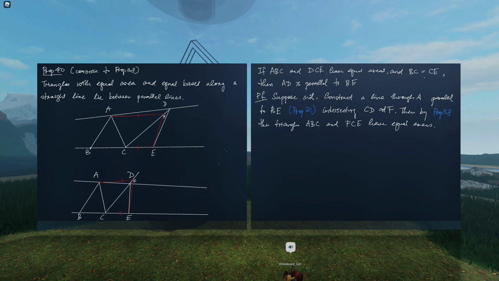Okay, so they have equal areas, but the contradiction is that ABC and DCE have the same area by hypothesis, and so DCE and FCE have the same areas, right?